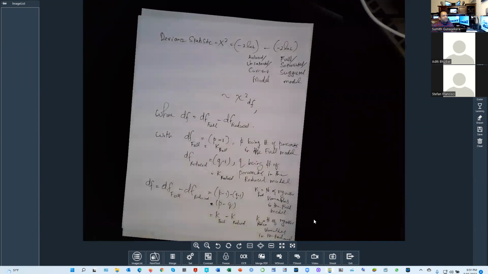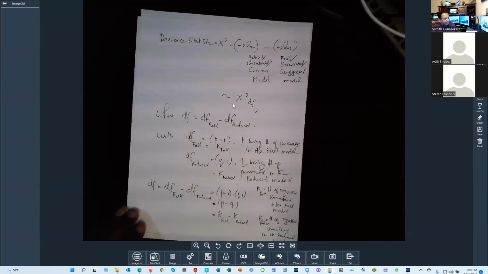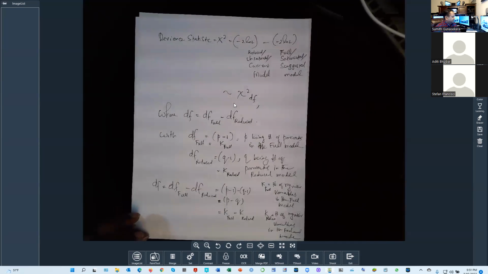This is actually the ratio between two likelihoods, a log ratio. Then we take minus 2L and minus 2L, because you can put this minus to the top using the log rule, then you get the difference between logs as a ratio under one single log. Okay, good.